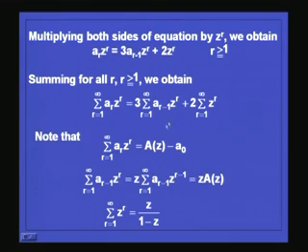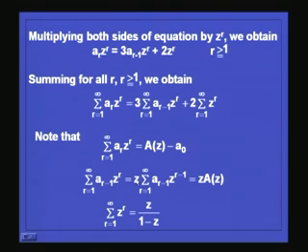Similarly, look at this portion, that is, leave alone 3, later on we can multiply by that 3. Consider this portion, the sum from r = 1 to infinity of a_{r-1} z^r. Now, the generating function is a_0 + a_1 z + a_2 z^2 and so on. So, the general term should be a_{r-1} z^{r-1}, but here we have a z^r. So, one z you have to take out.